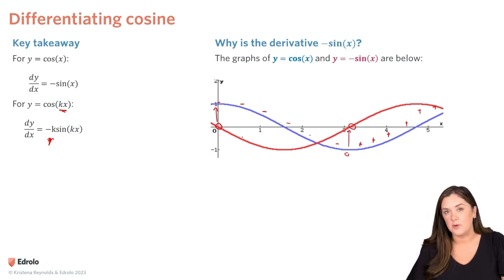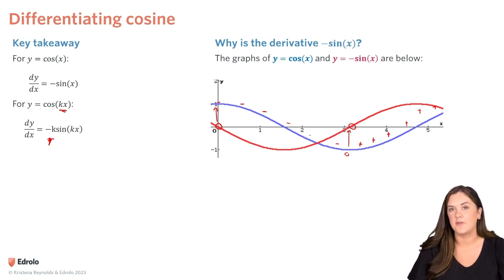We can also see that from 0 to pi, we have negative gradient at the bottom there. So again, because our y-axis is our gradient, it's going to be below the x-axis. And then for cos, from pi to 2 pi, the gradient is positive, so it's increasing. So that is why our graph for sine is above the x-axis there. So hopefully that really helps you to remember why the derivative of cos is negative sine, so our reflected sine graph.